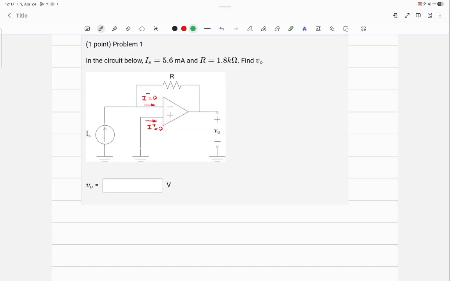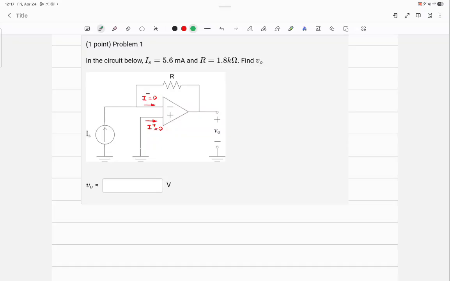Okay, next. Chaz. You can look at your notes because it's today's lecture. You don't have to remember it. What is the second rule? V positive is equal to V negative.